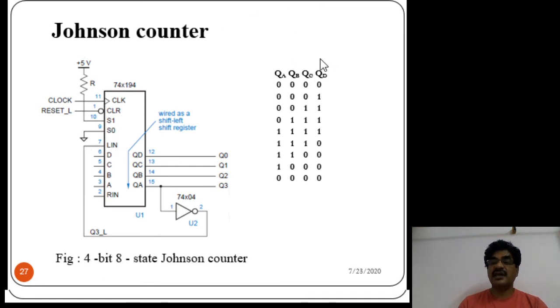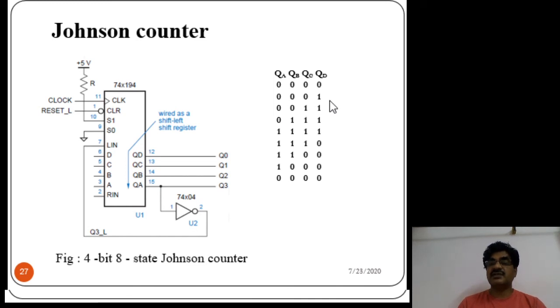So QA fills the QD position by complementing its value. After 1 bit left shifting, the new state is 0 0 0 1.